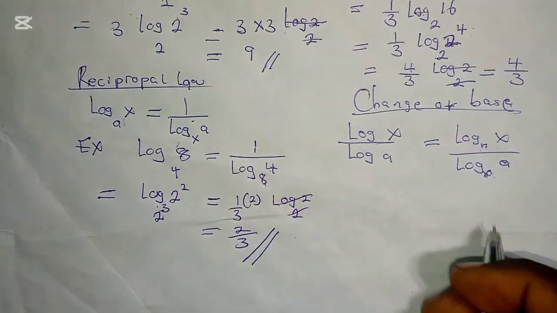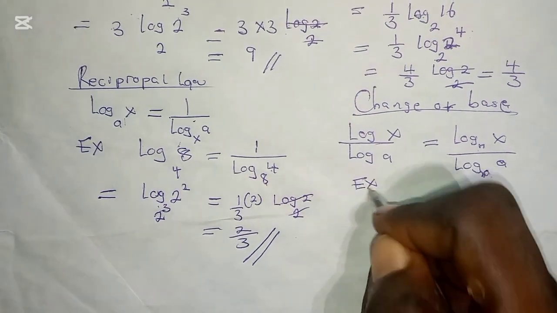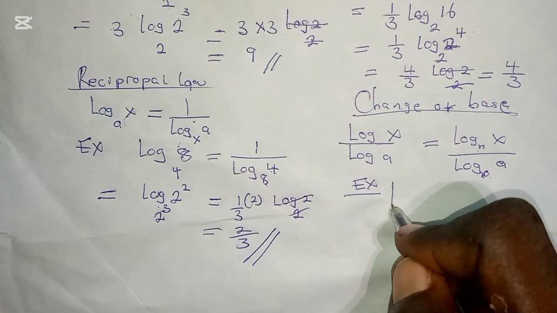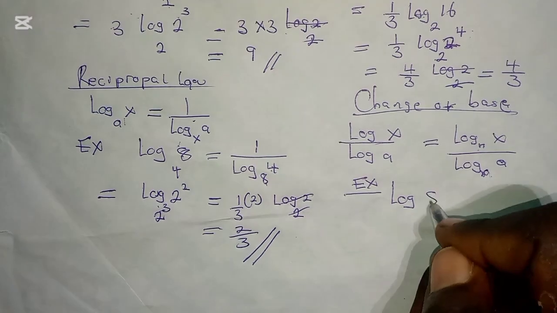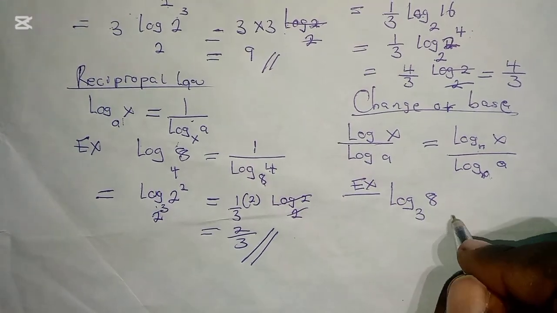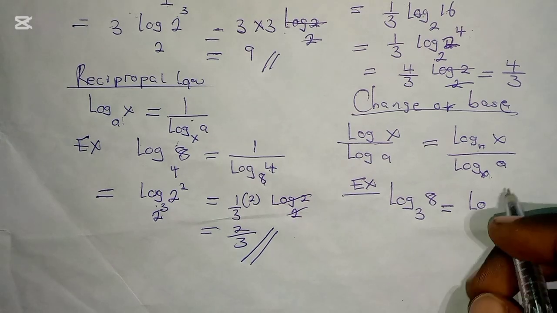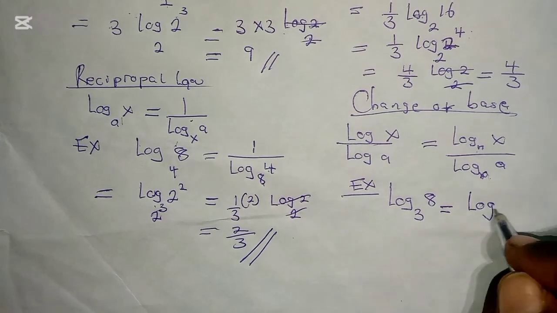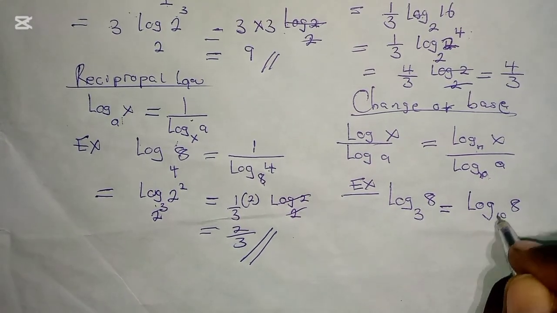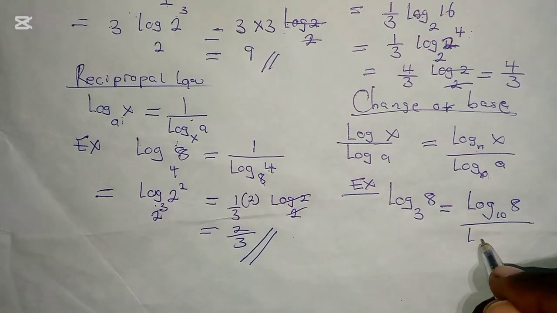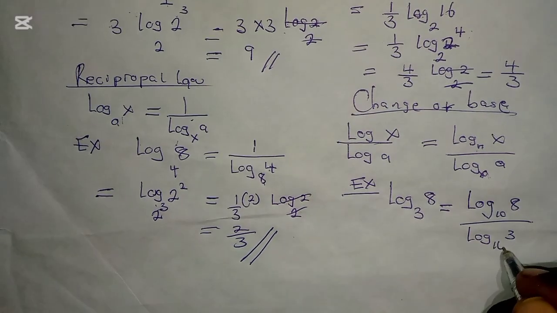So how do we solve this kind of question? Example, looking at this question, log 8 base 3. This is equal to, don't forget, the natural form of a log is in base 10. So we have log 8 base 10 divided by log 3 base 10.